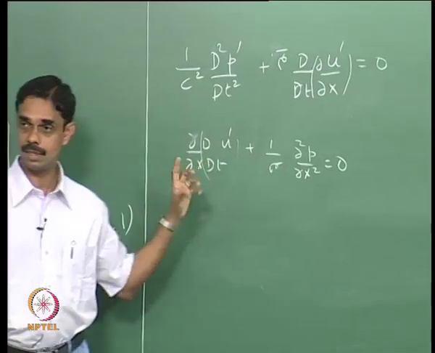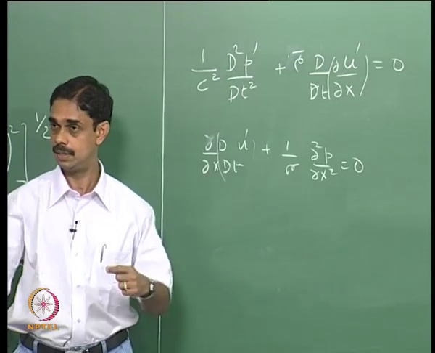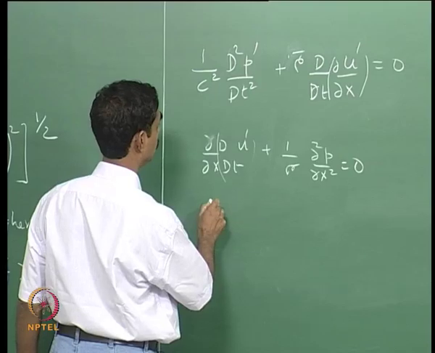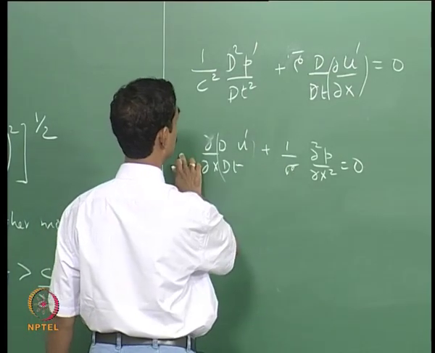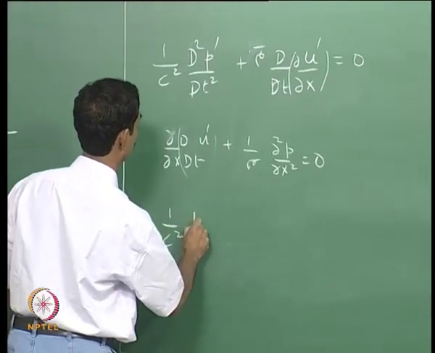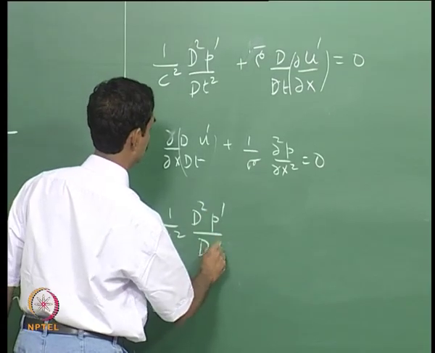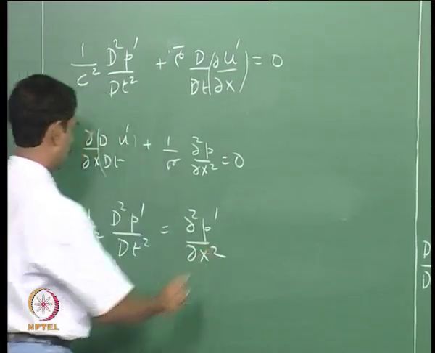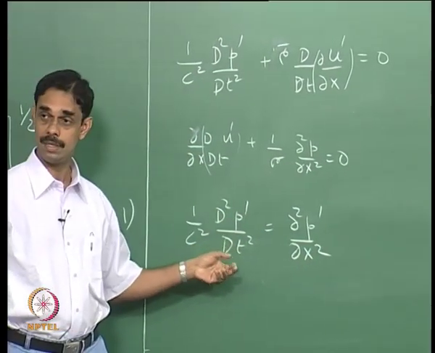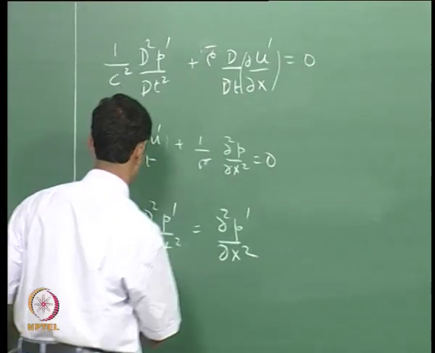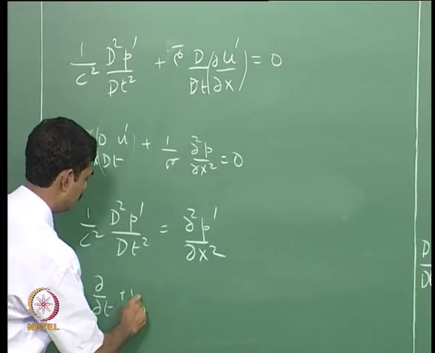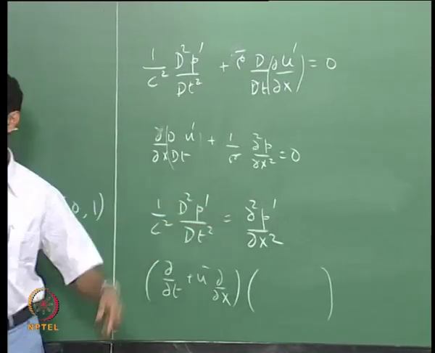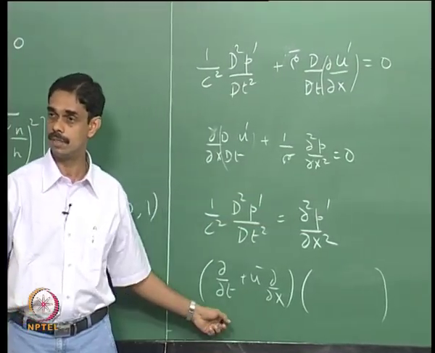And you can actually commute the derivatives, you can check it, and therefore you can get the equation as 1 over c squared d squared p prime by dt squared equal to, and now if you evaluate this expression as dou by dou t plus u bar dou by dou x, acting again on the same thing, and check, you should get the wave equation in terms of partial derivatives.